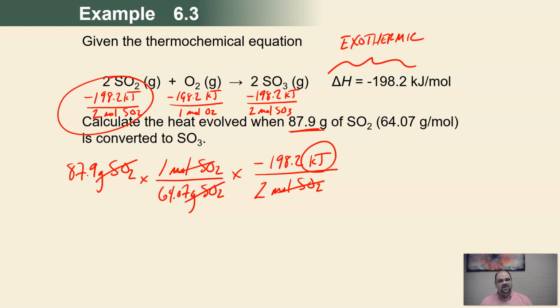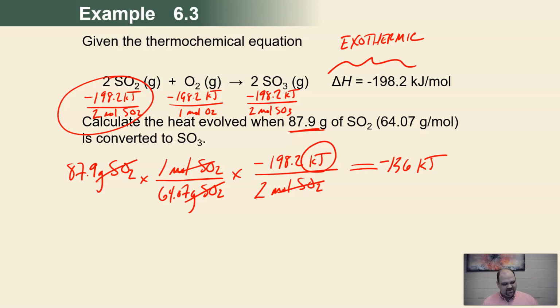I'm asked for heat. Heat is thermal energy, right? And so kilojoules is a good unit for heat. So we do some calculations, and we end up with 136 kilojoules of energy that are given off. Let's talk a little bit, just a second, about signs.